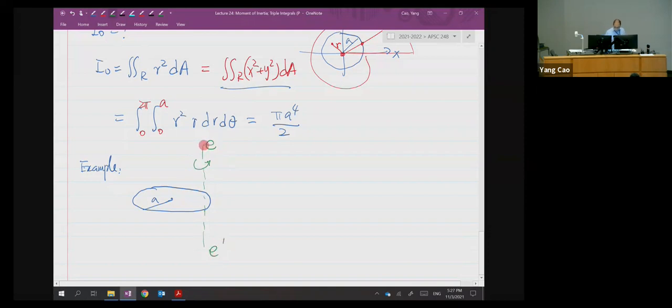That axis passes through a point on the edge of the thin plate or the circle. It's like a game where you rotate this thin plate around an axis passing through the edge of this area. So we need to calculate, let's call this IE, equal to what?